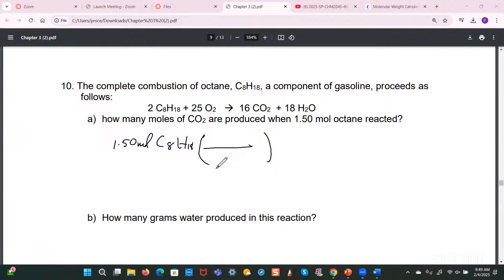Carbon dioxide. Okay, and how many moles of carbon dioxide do you want to put here? 16 moles of CO2, and down here you're gonna put what? 2 moles of octane, C8H18, right? And that's it.